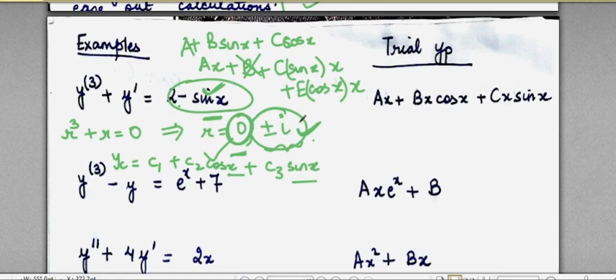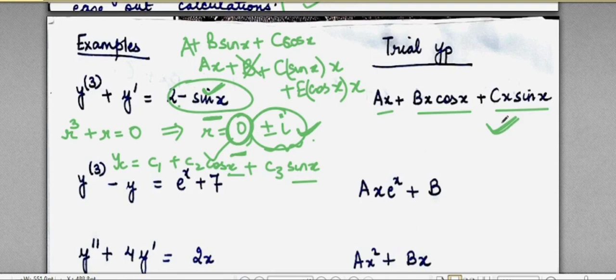You can first consider plus minus iota and then apply the 0 rule, or first apply the 0 rule and then apply the plus minus iota rule. Effectively, the only new terms that you're going to get in your trial yp will look like a constant times x, a constant times x sin x, a constant times x cos x. So this is your effective, the most optimized trial yp after applying both the rules and also getting rid of the terms which are already appearing in yc.